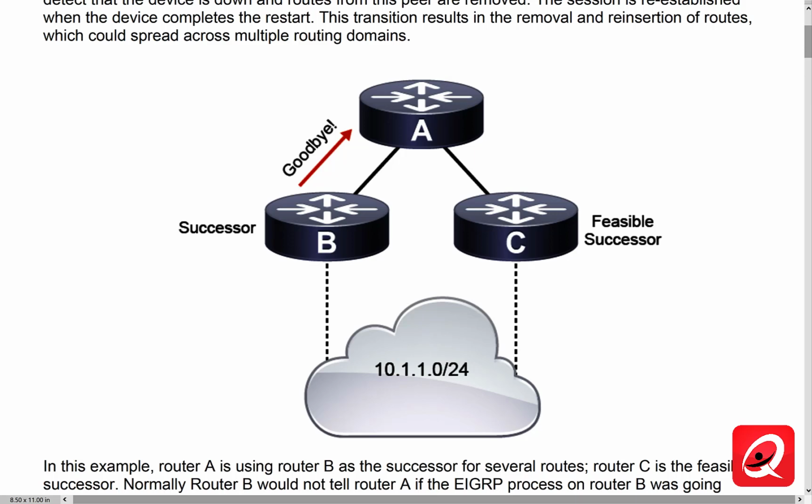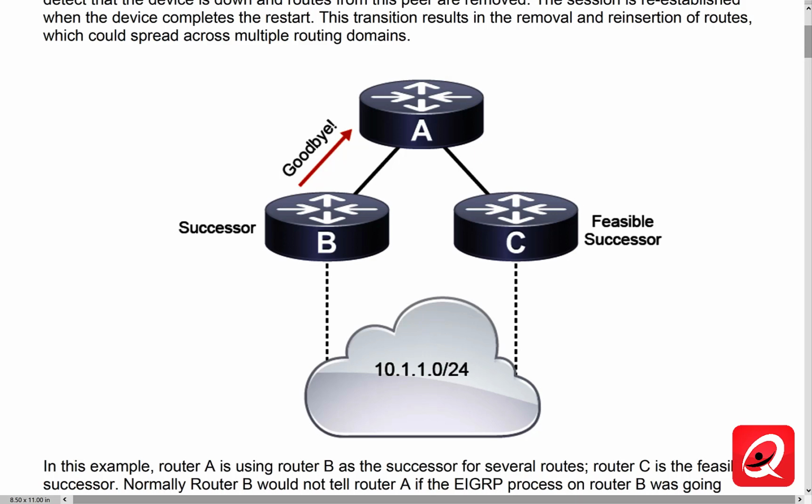The idea, again, is to reduce the amount of time it takes to identify an adjacency failure, or the EIGRP process failing. It's all about speeding up that convergence process.